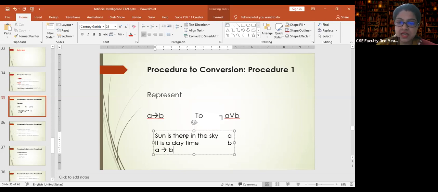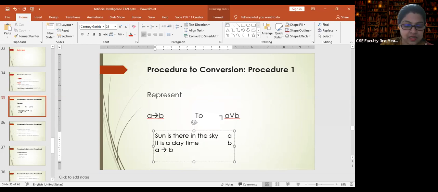Sun is there in the sky. It is a daytime. Can we use these two on both sides of the coin? Either we can choose one side of the coin or we can choose the other side of the coin.